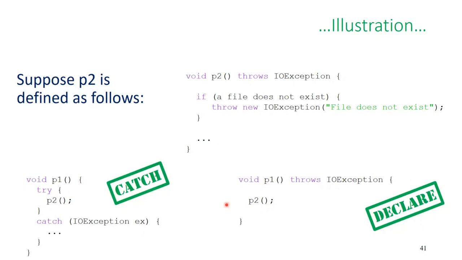All right, so these are the two possibilities illustrated here on a simpler example, with more abstract names. We have P1 and P2. P2 throws the IOException, so that's like our method 5, right? A file doesn't exist, throw a new IOException. Then P1 decides to catch it, here we are, and this version of P1 on the right just doesn't care.